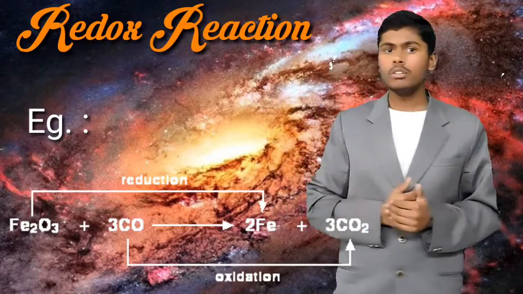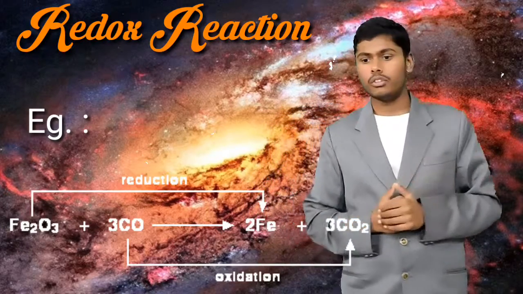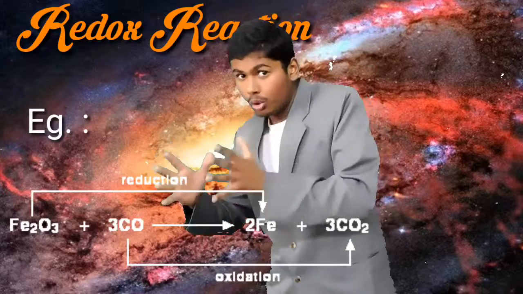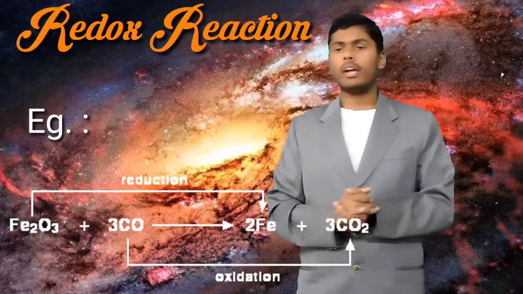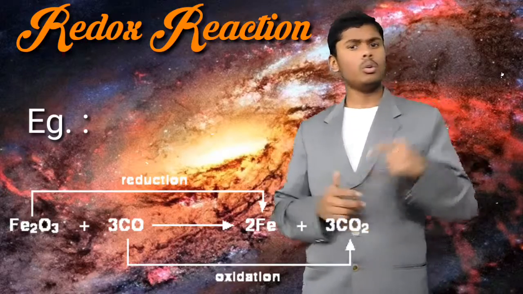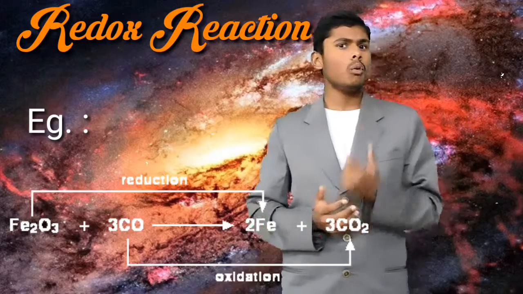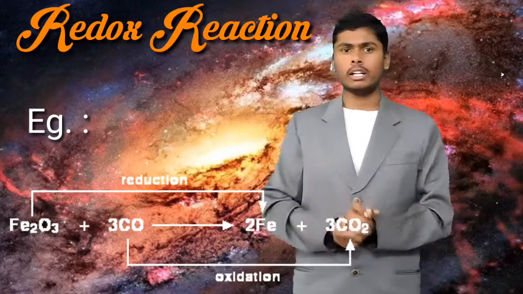And where comes the combination, or rather the oxidation reaction? Here it is. You have carbon monoxide, right? Do I have carbon monoxide in the product? Well, it seems that I do not. I have carbon dioxide. Now, what is the difference between carbon monoxide and carbon dioxide?